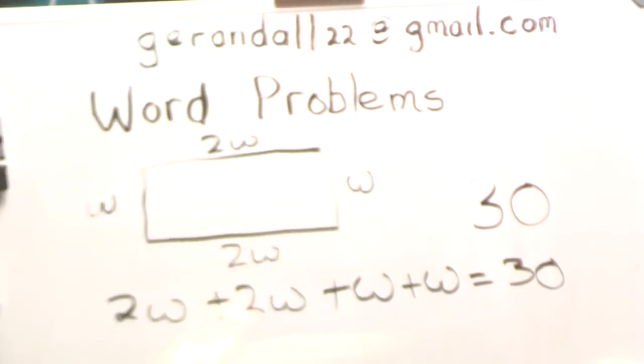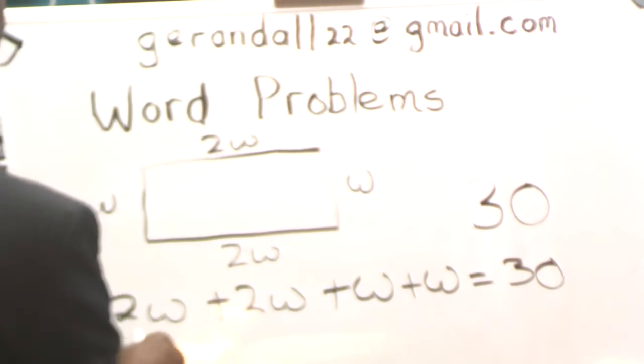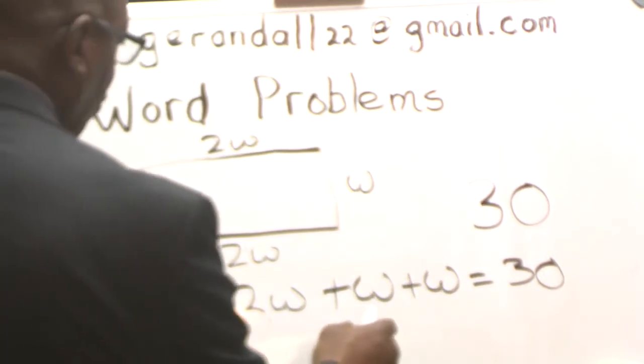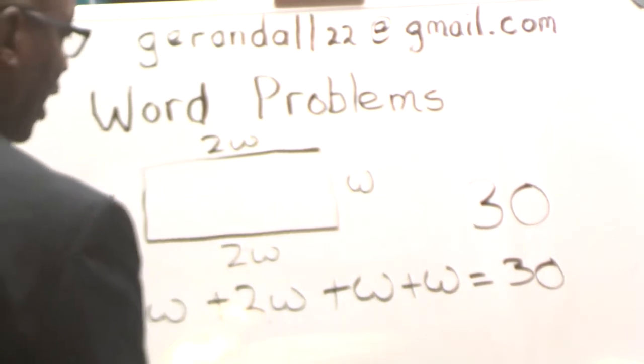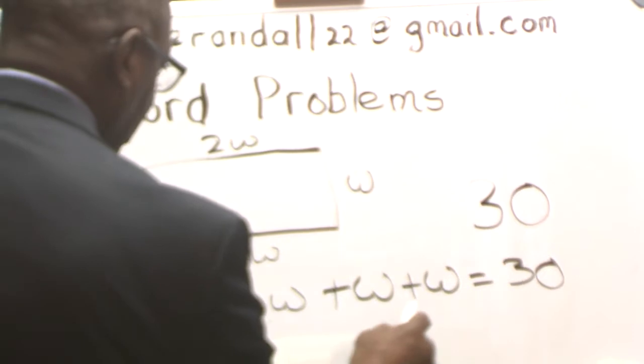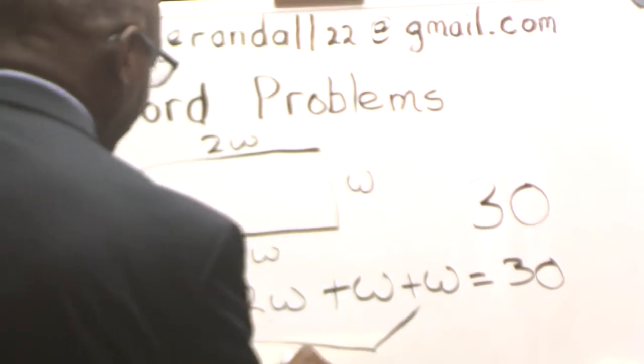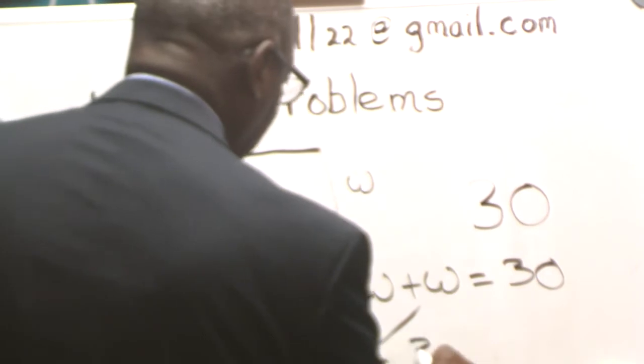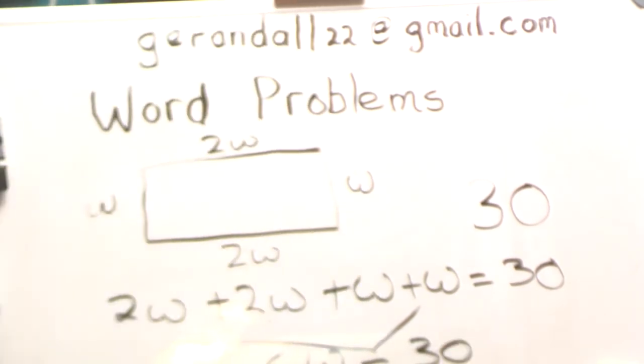And a couple weeks ago, I showed you how to combine like terms. We got 2W plus 2W is 4W. One more W is 5W, 6W. All of this combined is 6W equals 30. And that 6W says 6 times W. And I often talk about cousins.